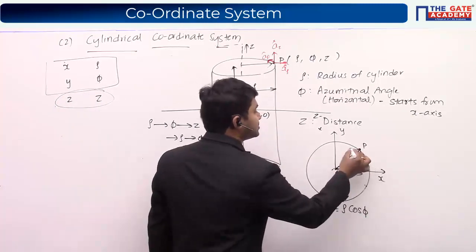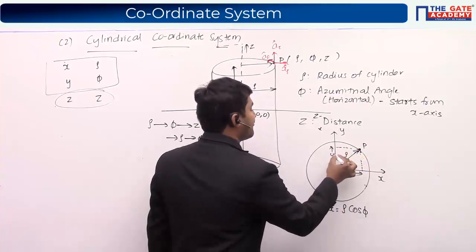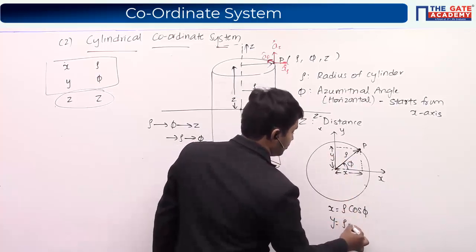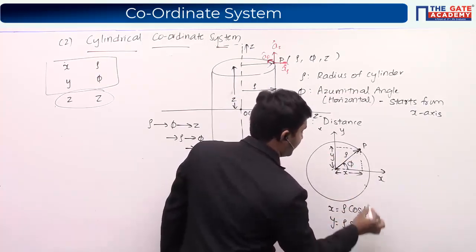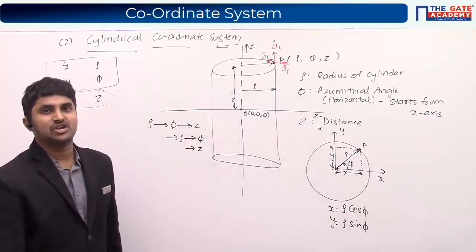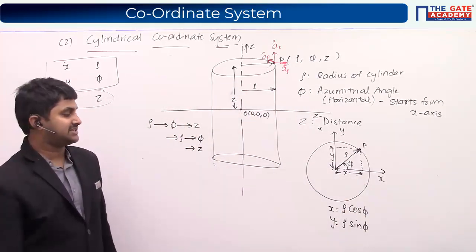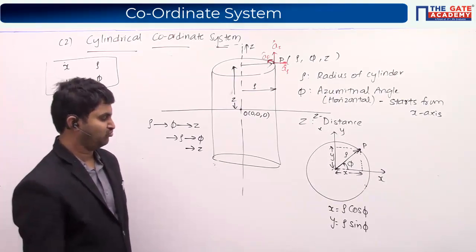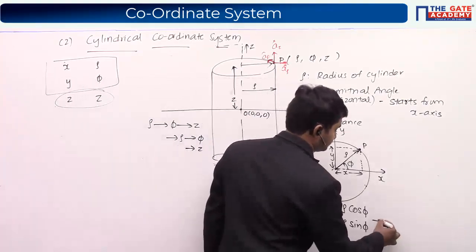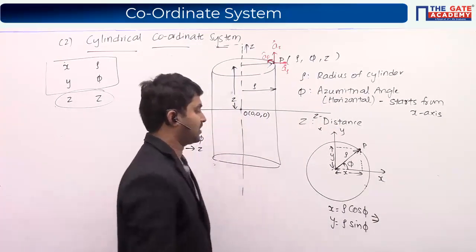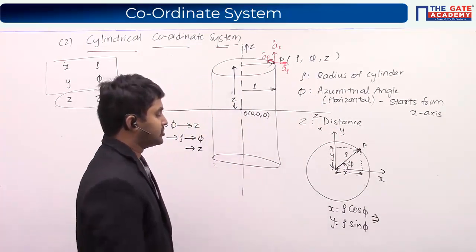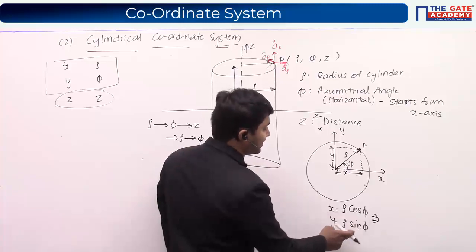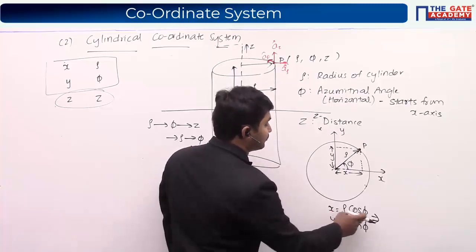Similarly, this direction is my y distance, which is rho sin phi. So x is rho cos phi and y is rho sin phi. So we are able to write x and y in terms of rho and phi.